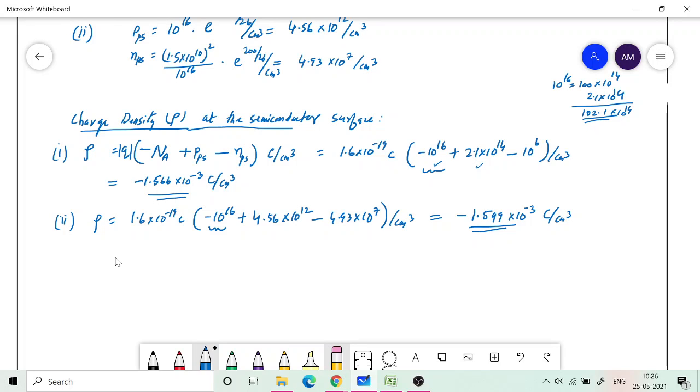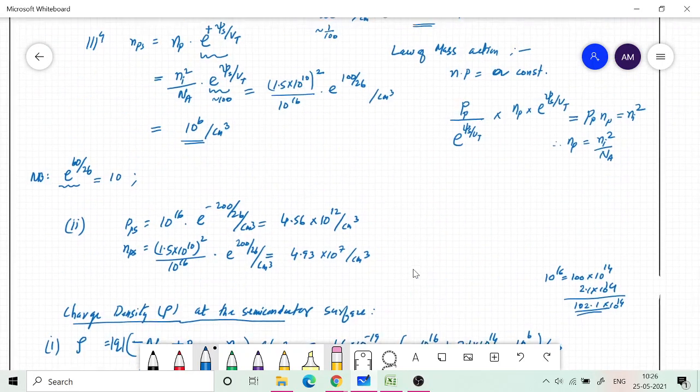But as you go to the other modes, like accumulation and inversion mode, then you will see that either electrons or holes, if you go to the accumulation mode, the hole concentration is going to tremendously increase.